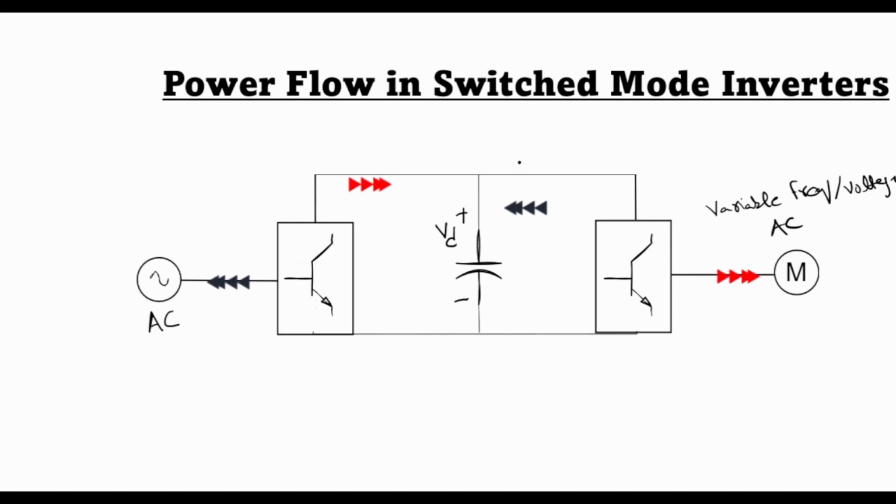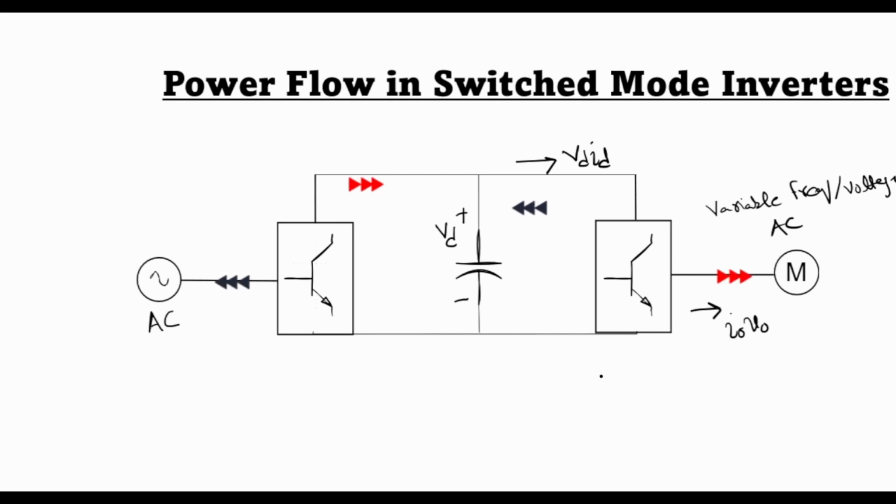So let's assume that the power here on the DC side is Vd times Id, and on the AC side the power is I naught times V naught. Now, since the load is inductive most of the time, we can assume that the current lags the voltage.